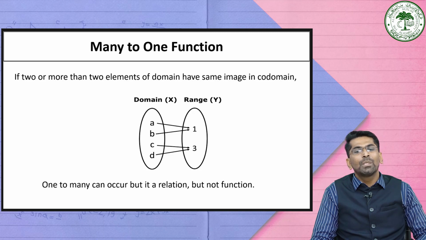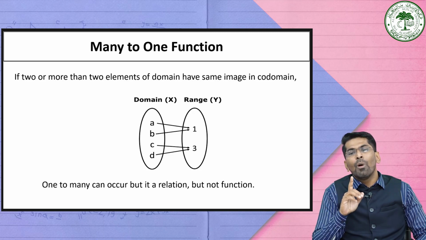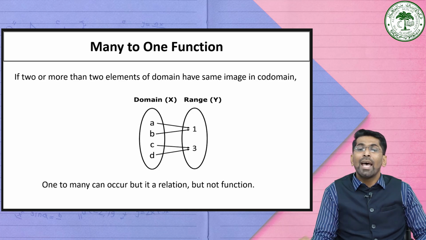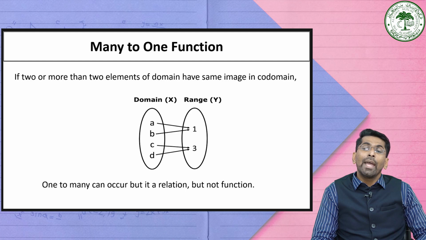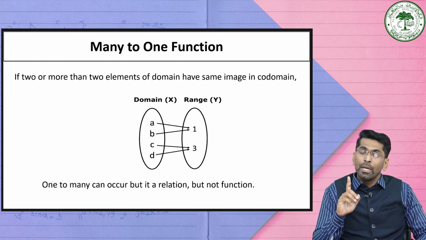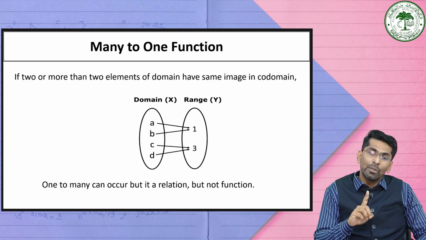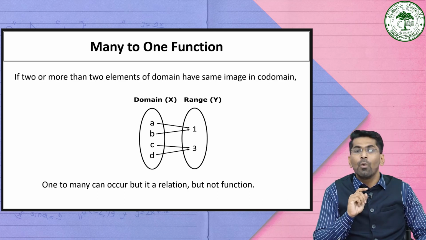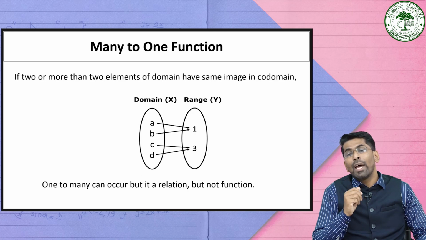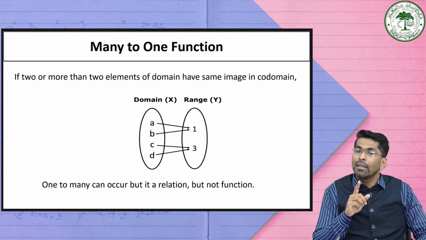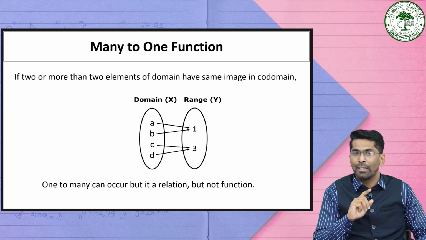Because as per the definition of a function, it is not a well-behaved relation, as there occurs a common domain element for different range elements. If a single input element in the domain is associated with more than one output element in the codomain, it violates the uniqueness requirement of a function. So one-to-many can occur as a relation, but it is not a function.